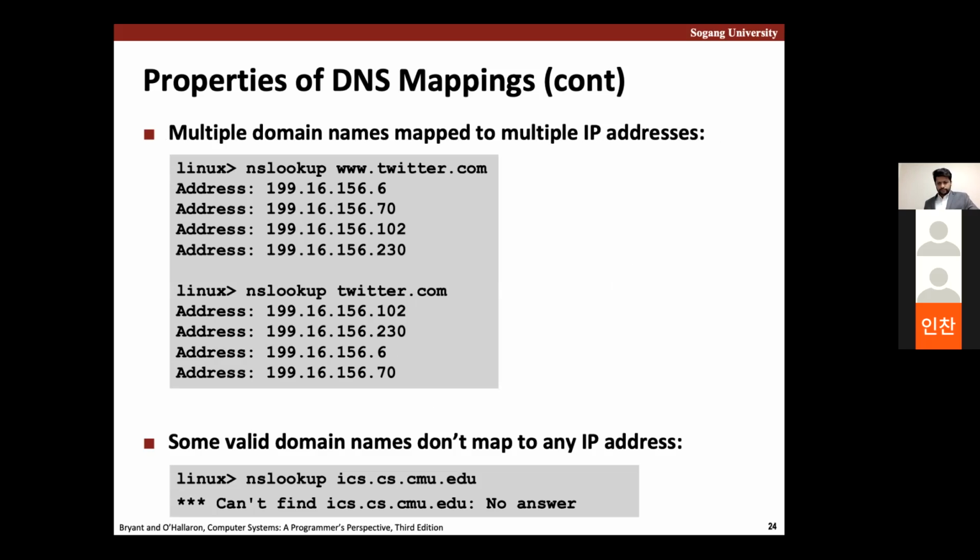Moreover, sometimes there are valid domain names that are still not mapped to any IP address. If you run nslookup on ics.cs, this domain name is not yet mapped to any IP address. It might be held by the organization, or maybe they never use this domain name.